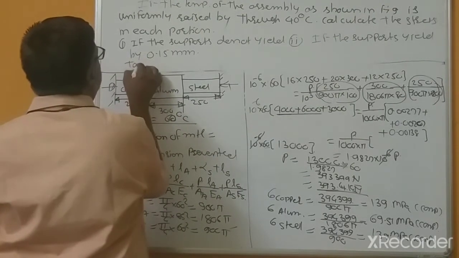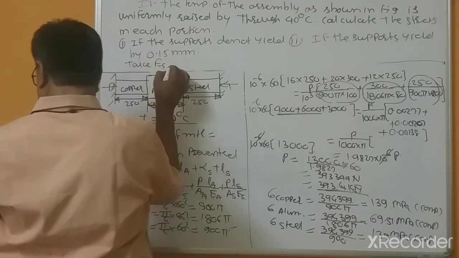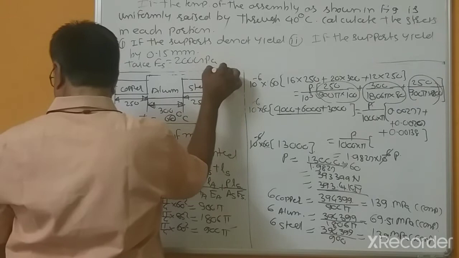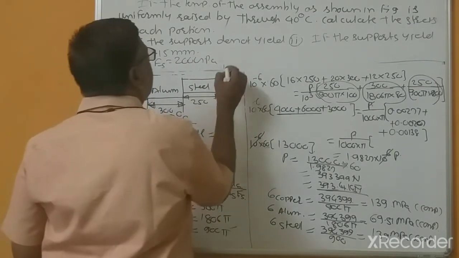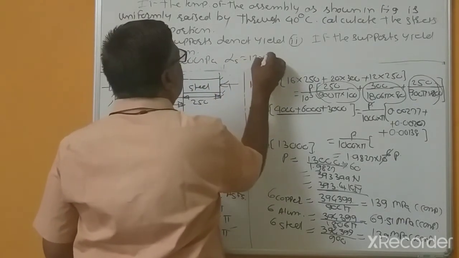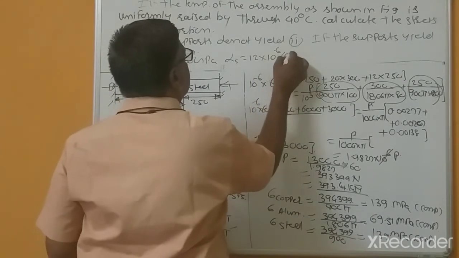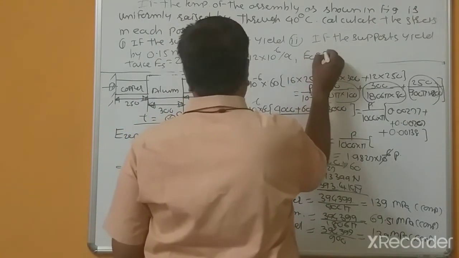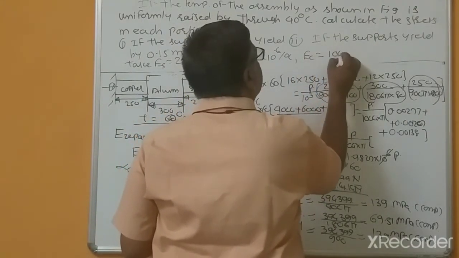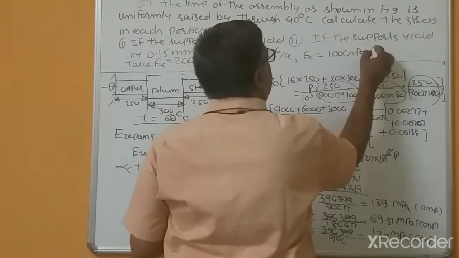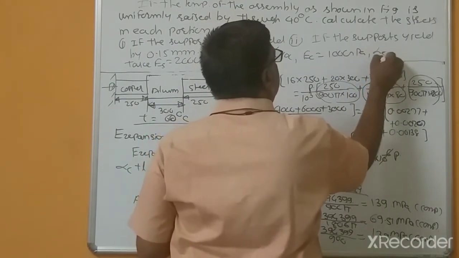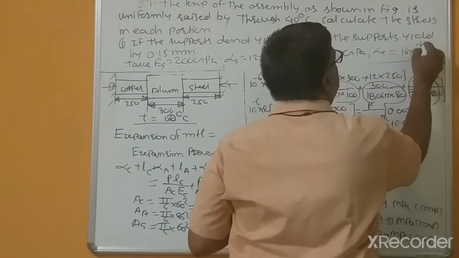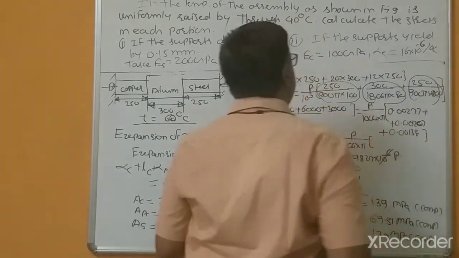Take E_S 200 gigapascal, alpha S 12 into 10 to the power minus 6, E_C 100 gigapascal, and alpha C 16 into 10 to the power minus 6 per degree centigrade.